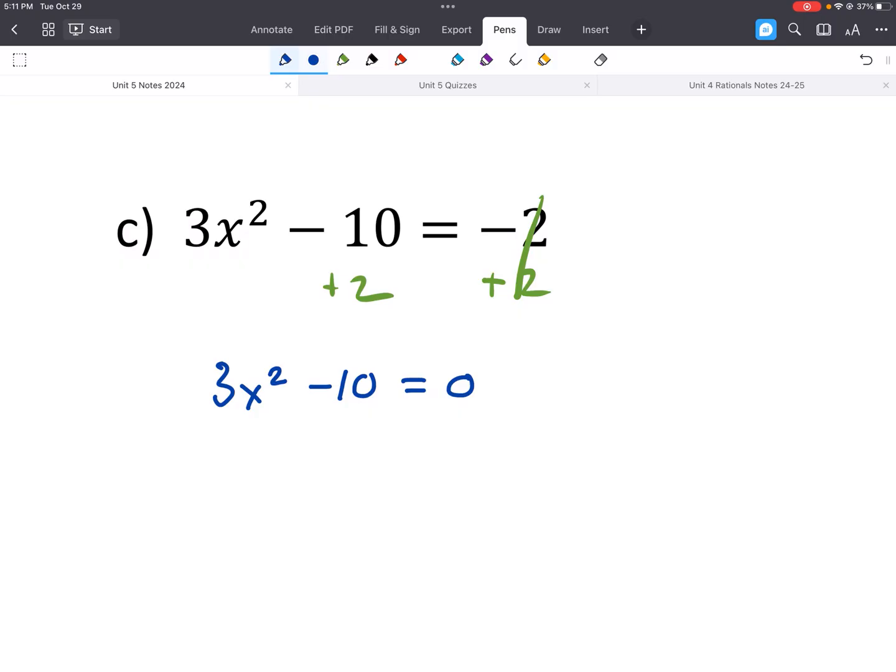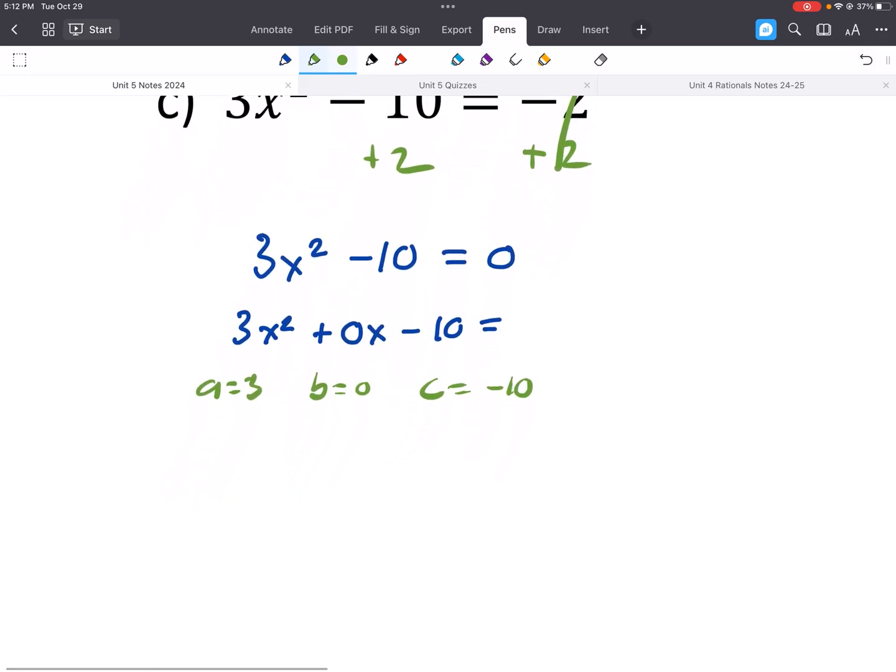So we have to remember if a term's missing, which one is it? So this would be like 3x squared plus 0x minus 10. So if it's helpful, add the 0. Okay? So A is 3, B is 0, and C is negative 10.